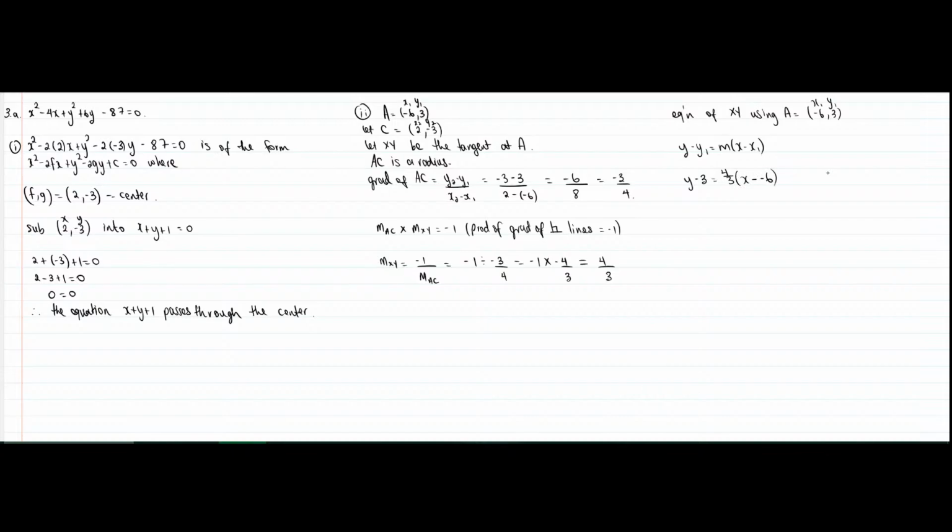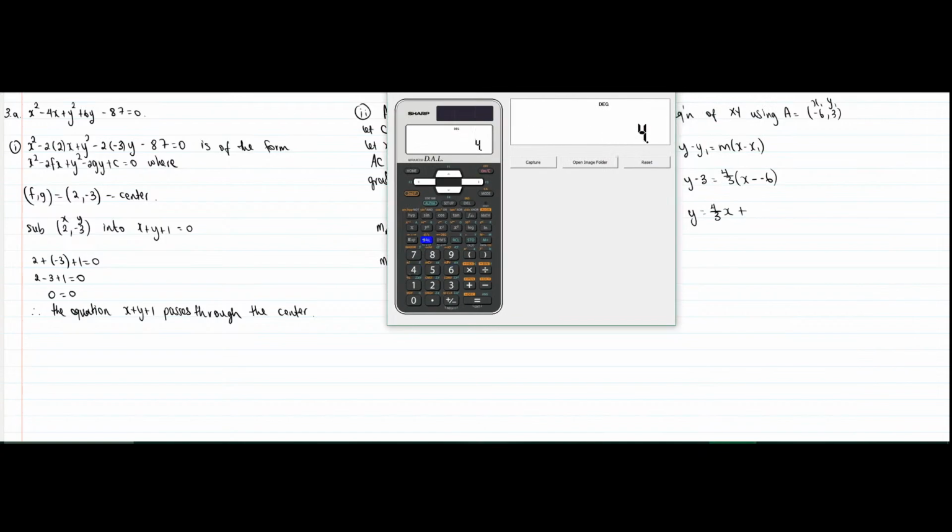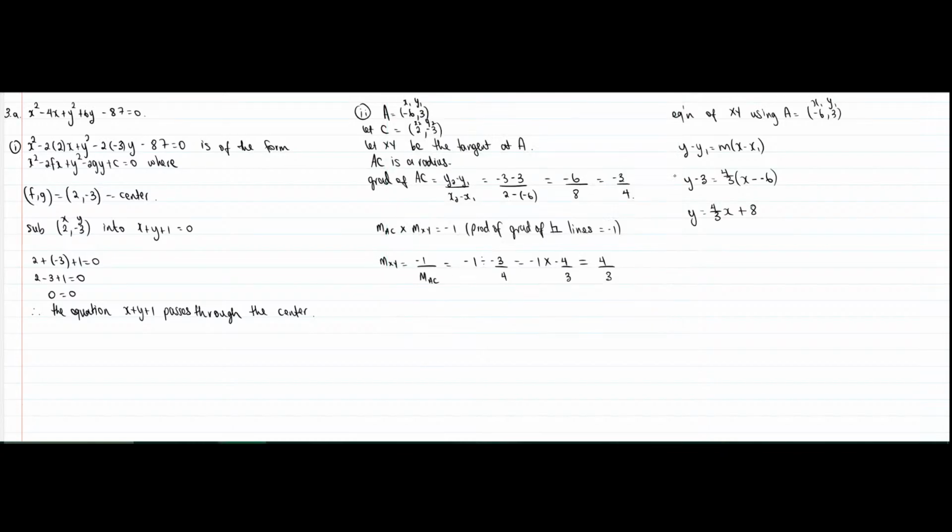This time I'm going to expand the brackets and move the negative 3 across. So y is equal to 4 over 3 x, plus 4 over 3 multiplied by 6, which is 8. The 3 goes across and becomes plus 3. So y is equal to 4 over 3 x plus 11.